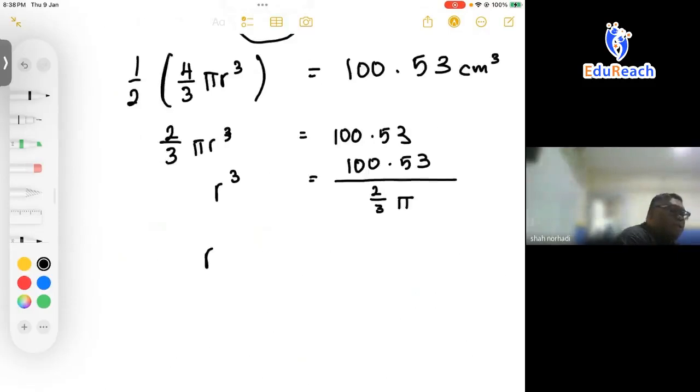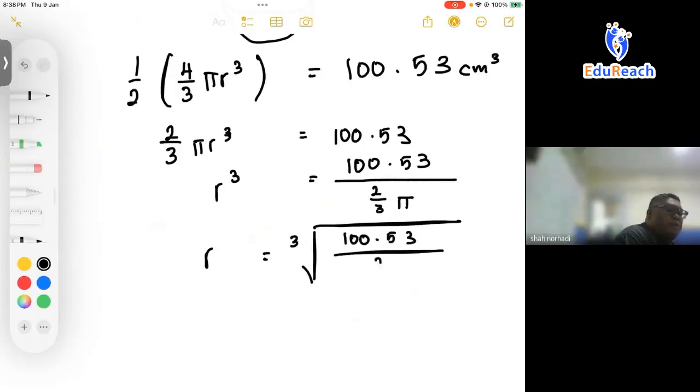After that, the last part, I'm going to cube root. Then you will just punch it into a calculator and you can get an answer. Okay? No eye power, please. Thank you.